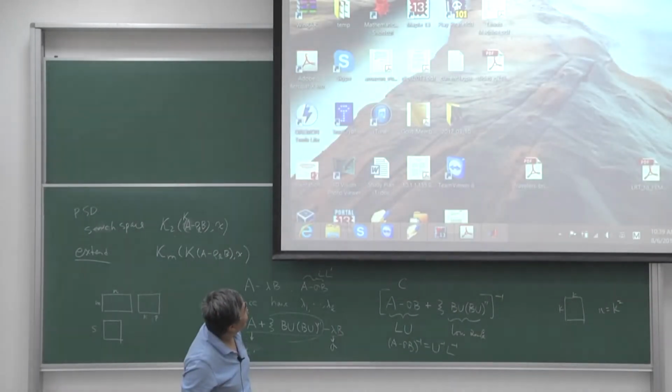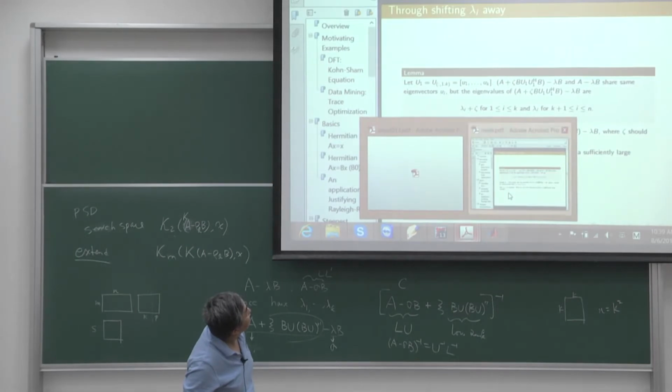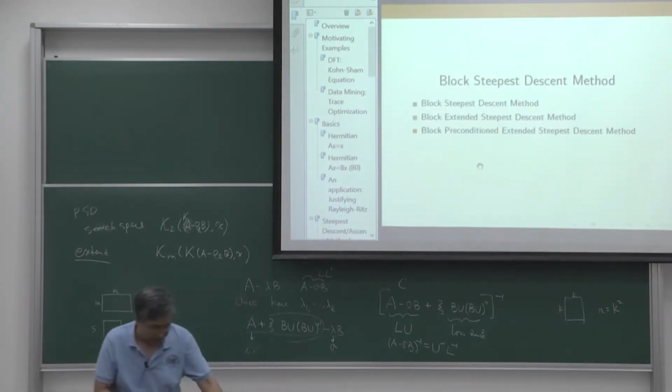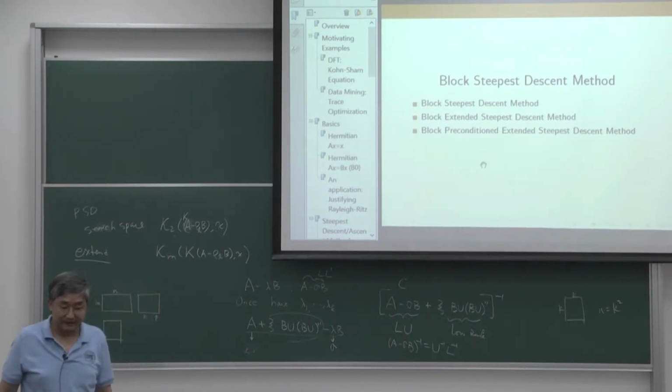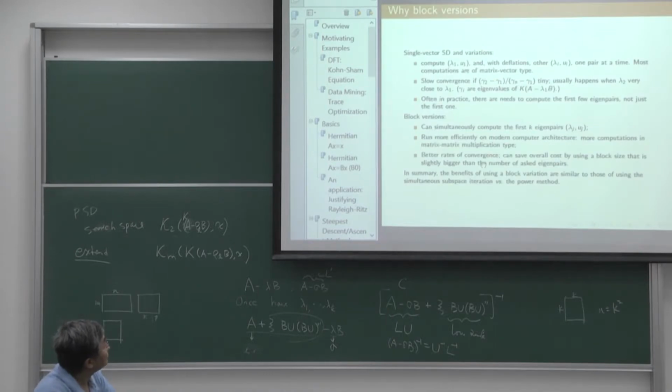All right. So today we're going to start from here: block steepest descent. The single vector version presents basically all the ideas. Now we just put it into the block case. What's the difference in the block case? So far we talked about a single vector.